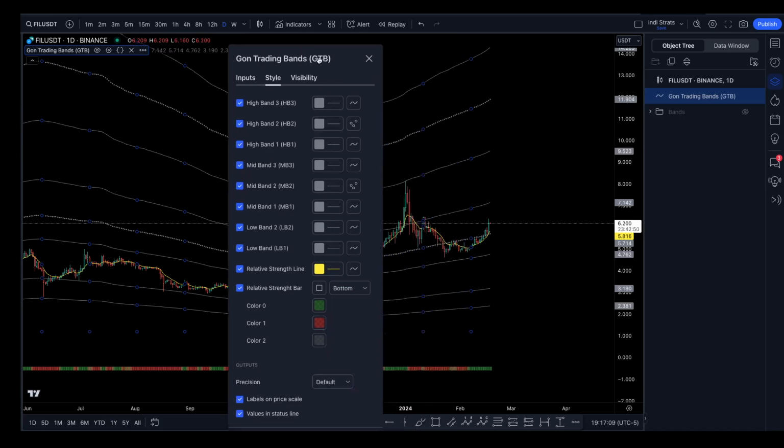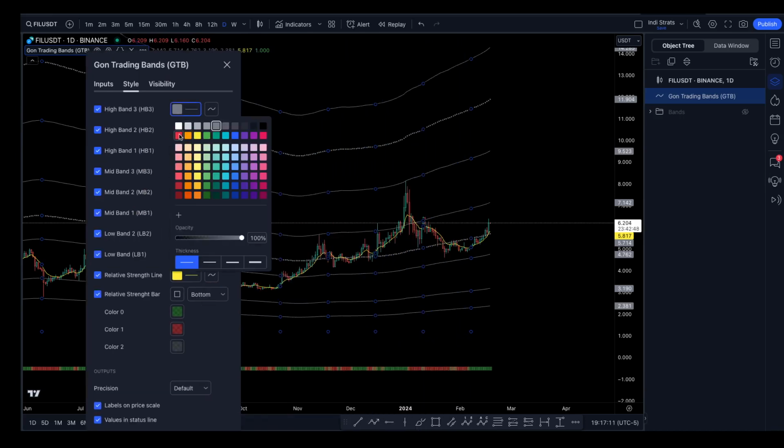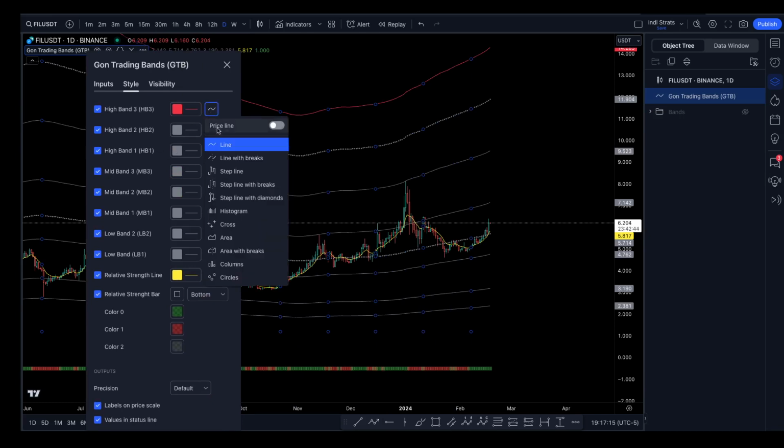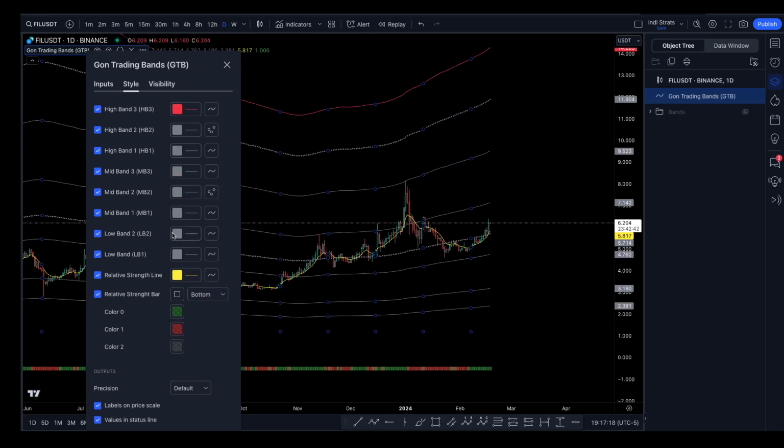In terms of style, as I mentioned, you can change all the colors of each individual band or the type of line you want. Then you can toggle them off or on if you only want to focus on some for reference. The relative strength bar, I mean, it's up to you if you leave it on or off.